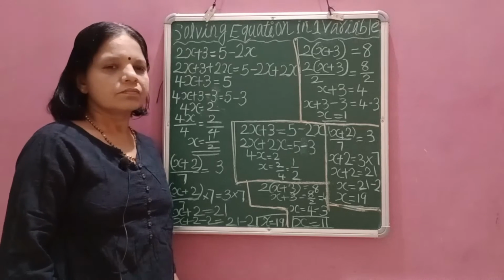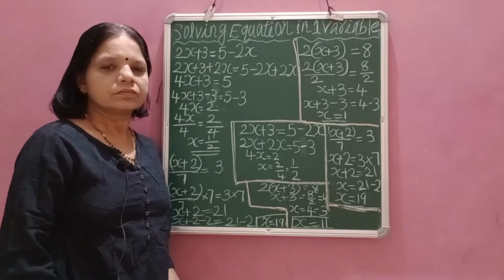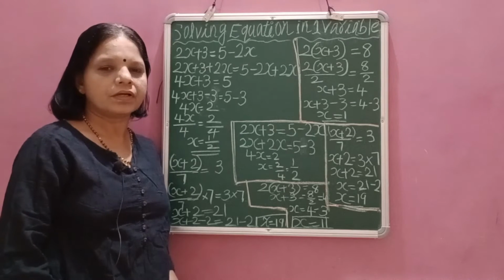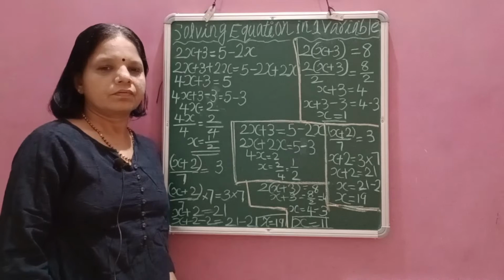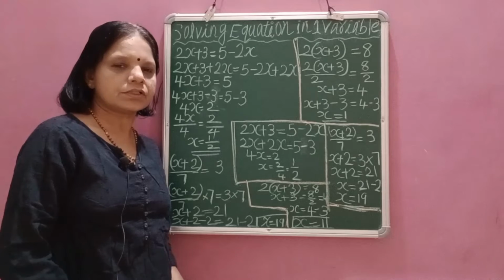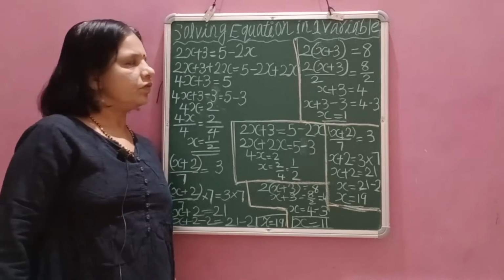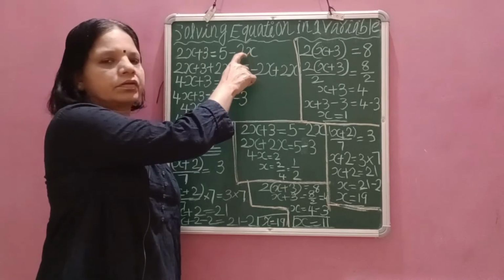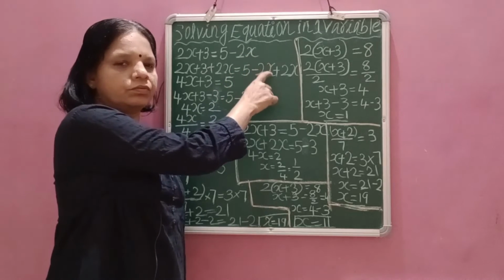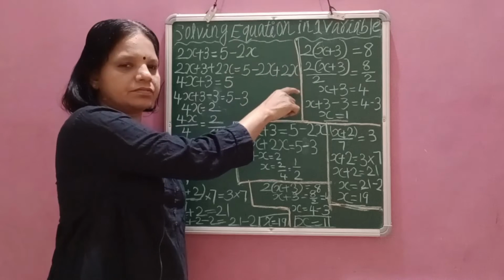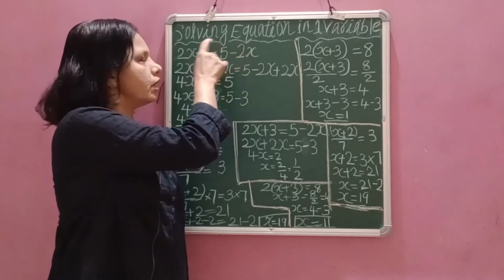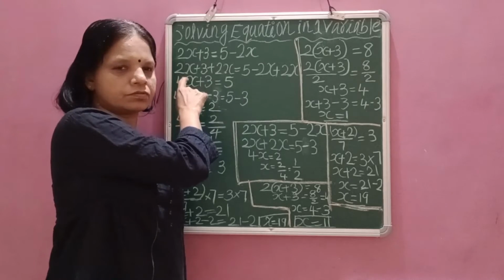So this we have to do by using the property of equality without changing the value of the equation. So whenever x or the variable is there in RHS, you have to cancel that. The same operation you have to do in LHS also.